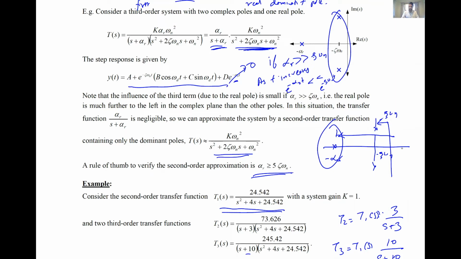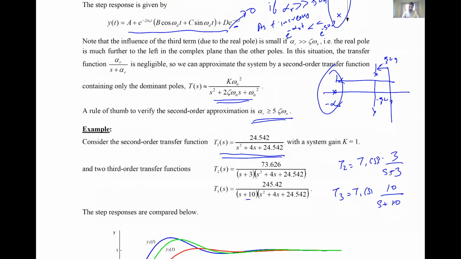The coefficient of s to the power 1 is 2 zeta omega n. From that we can read the value of the real part of the pole, which in this example, zeta omega n, is equal to 2.